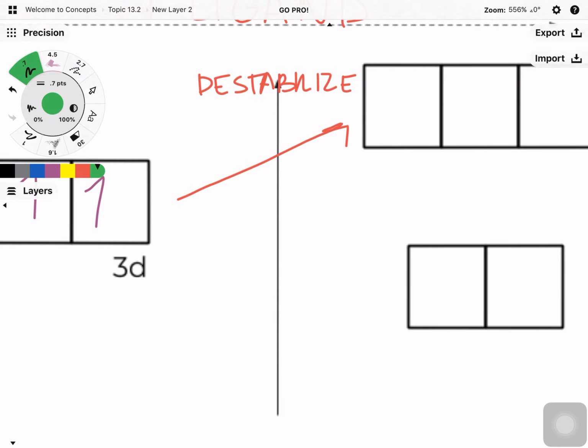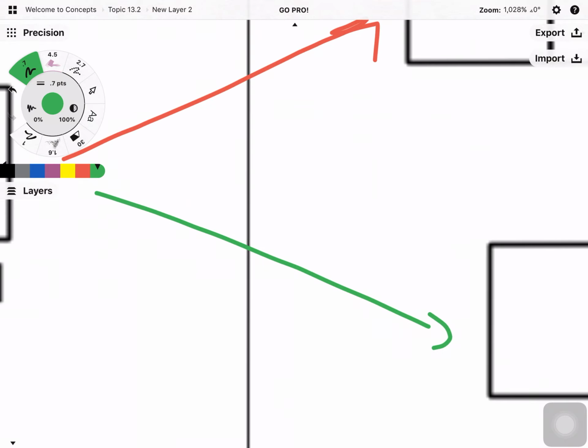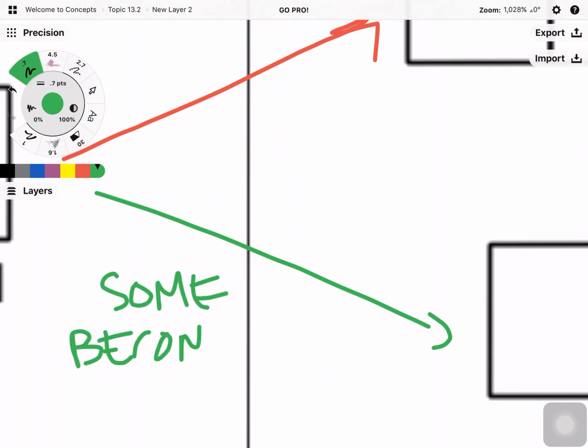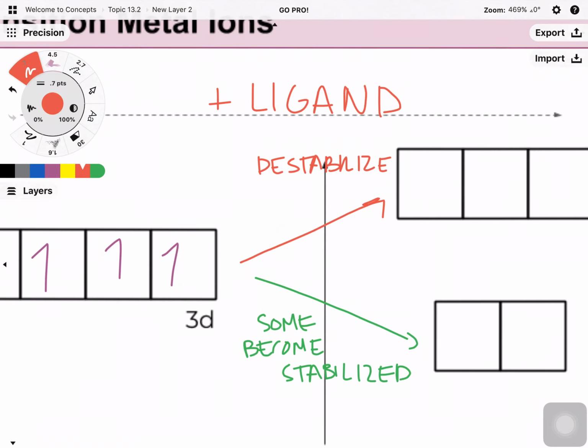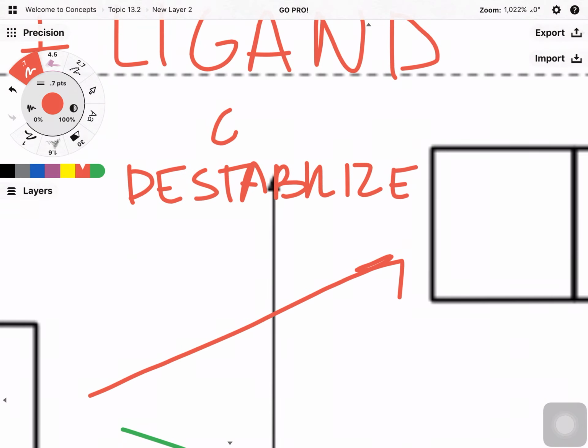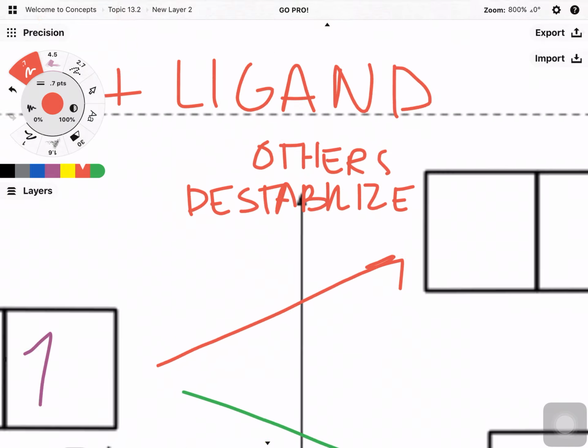On the other hand, some of the orbitals stabilize, meaning that they're at a lower energy, like this. And this is with the addition, again, of this ligand. So that's the important part.